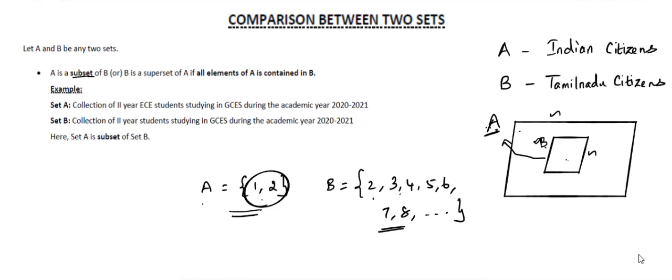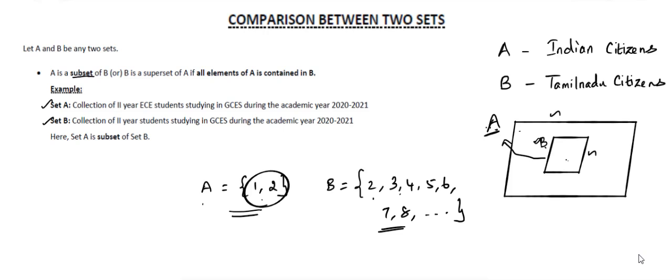Now I am taking another set: the collection of second year students studying in GCES during the academic year 2021. Now which one is smaller? Smaller or bigger doesn't matter. The entire set A will be in B, right?